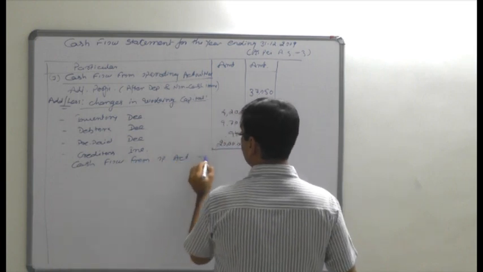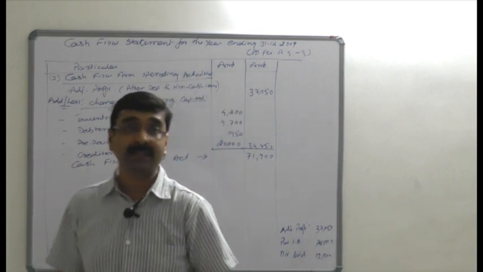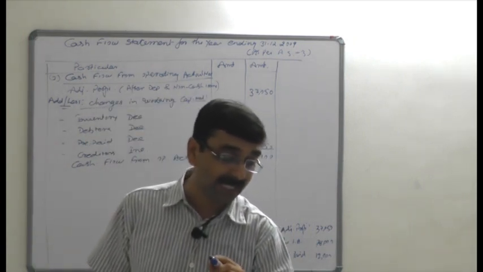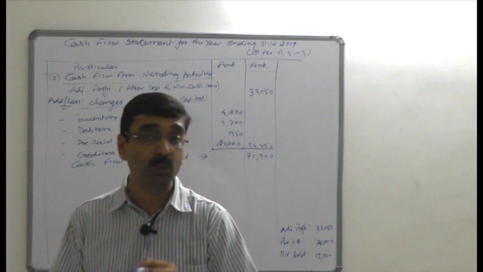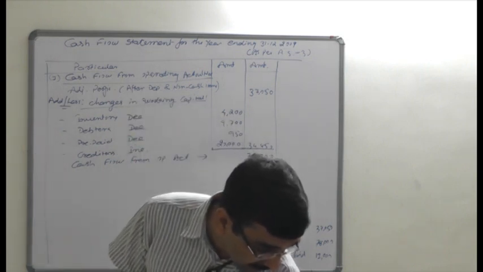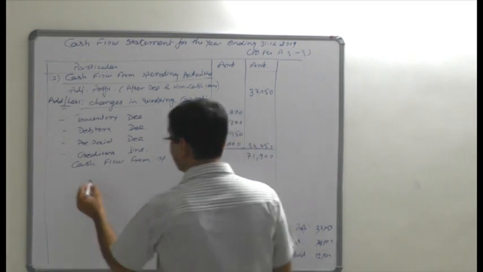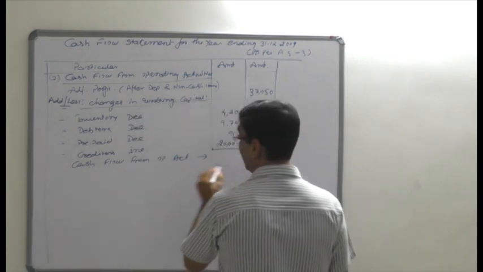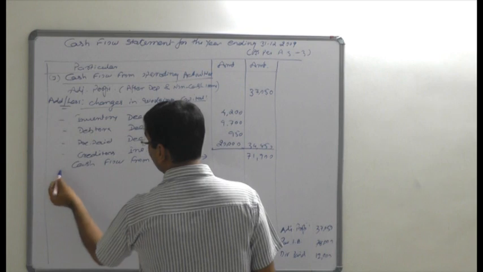But this is still not net cash flow from operating activities, because we have tax paid or something that we need to confirm. So let's see the adjustments. Is there any amount of tax paid during the year which is given? No, we don't have any transactions regarding tax paid. So tax paid is nil.